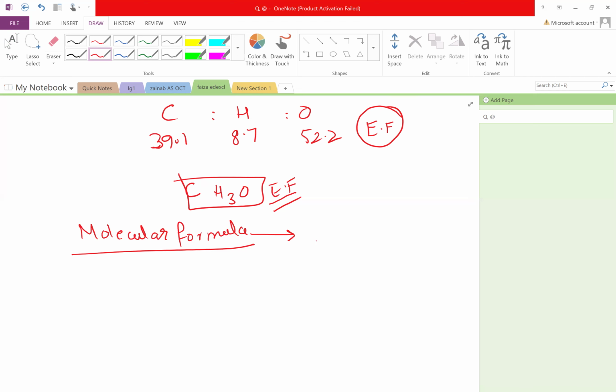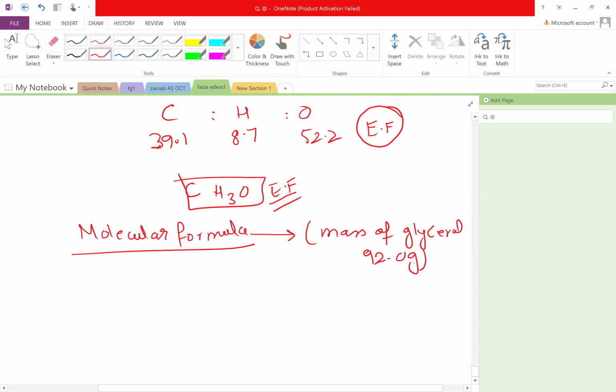Let's suppose the mass of glycerol is 92.0 grams.